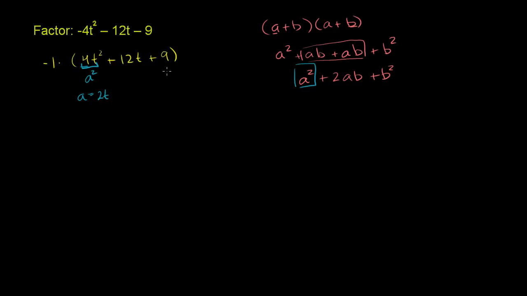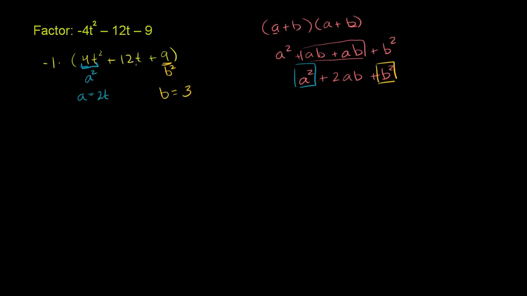And if the 9 is b squared, then that means that b is equal to 3, the positive square root of the 9. It doesn't have to just be equal to 3. It might have been negative 3 as well. It could be plus or minus 3.